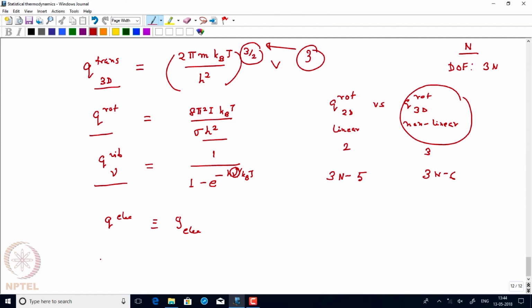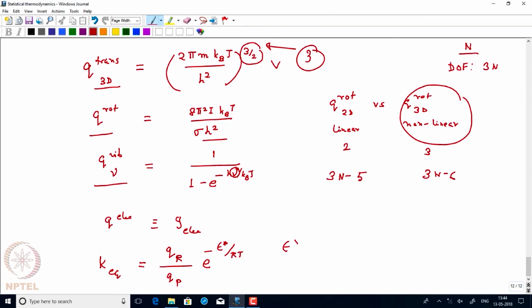And finally, we also talked a little bit about an expression for the equilibrium constant, where we wrote it as the partition function of the products divided by the partition function of the reactants times exponential minus E star by RT, where E star is the difference.